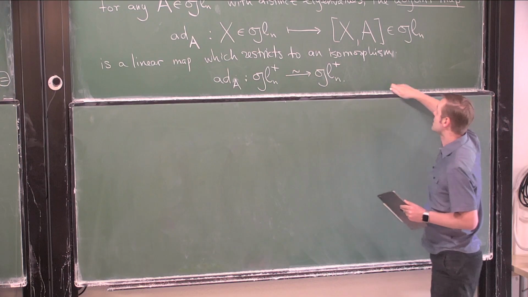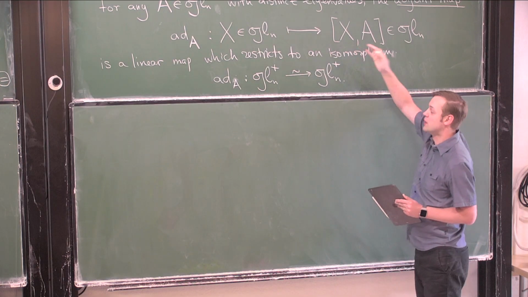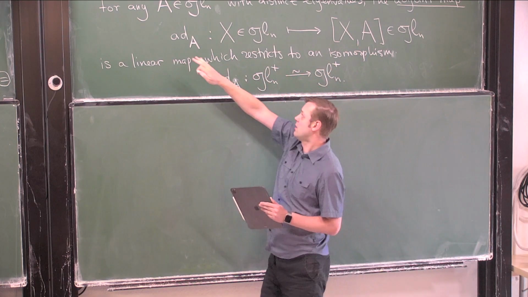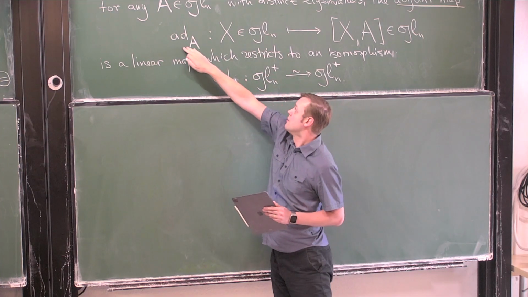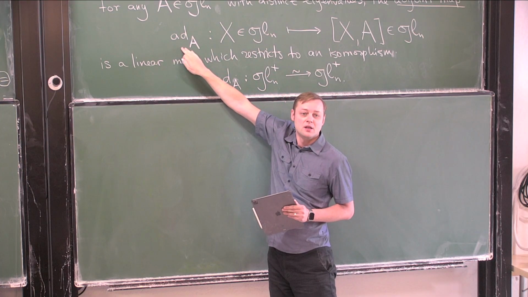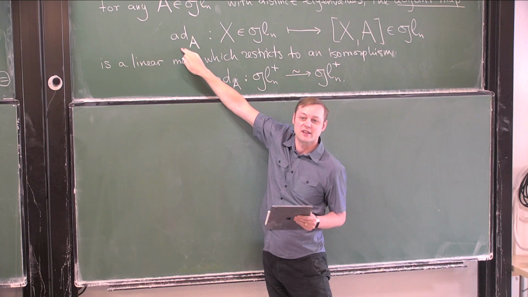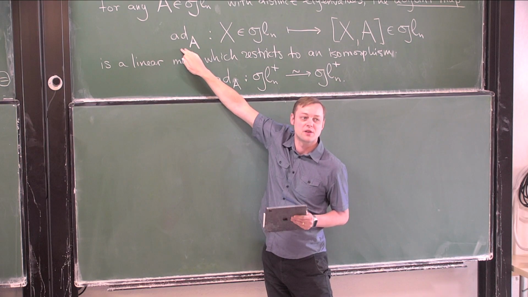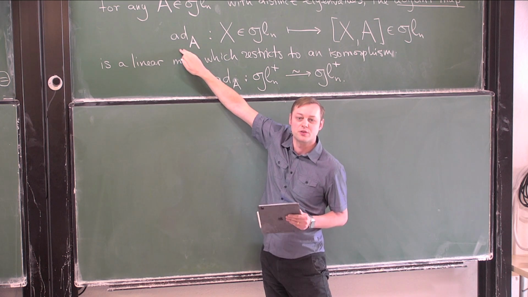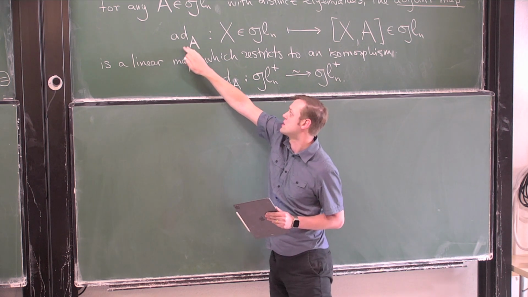The reason is that this is a linear map, so I can write down a matrix for it and compute its eigenvalues. That's one way to see whether or not it is an isomorphism.